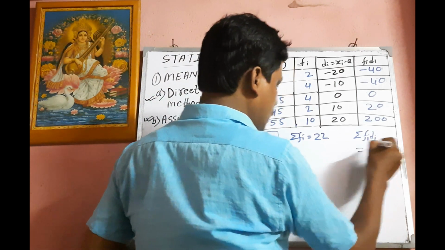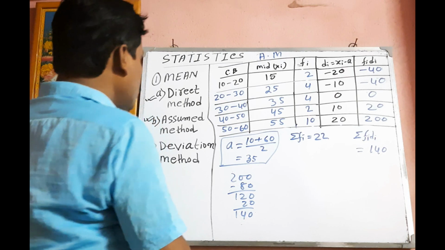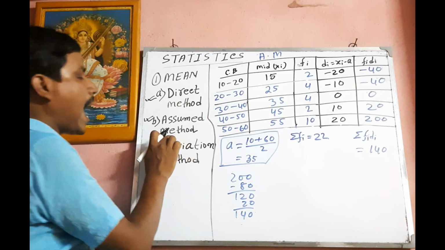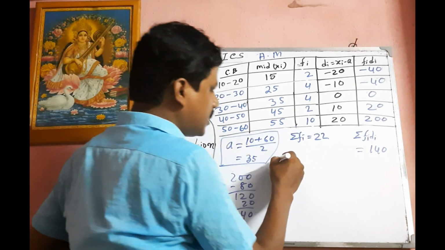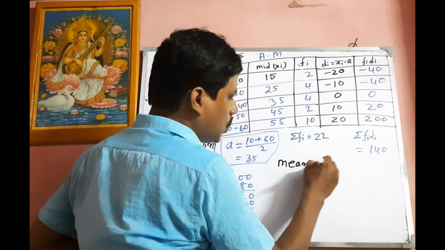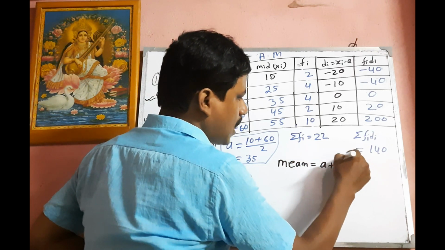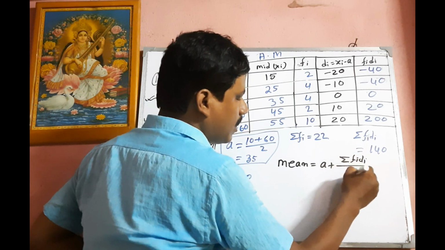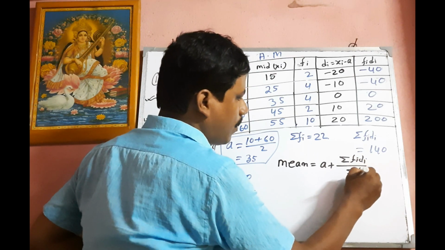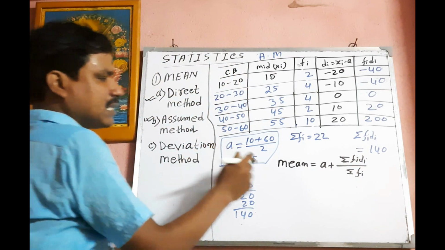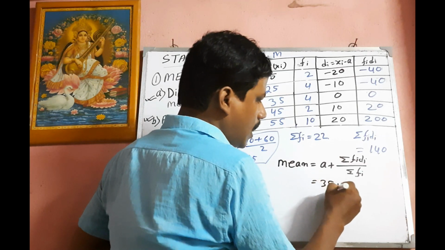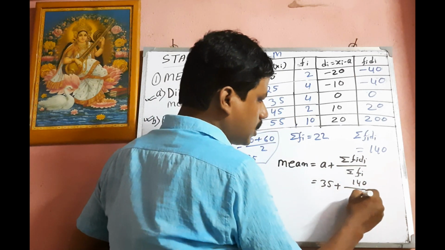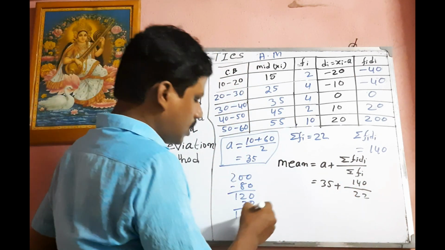This is 140. Now we are using the assumed mean method to find the mean. The formula according to the assumed mean method is mean equals a plus summation of fi di divided by summation of fi. Now we put the values: a is 35, and the sum of fi di is 140, divided by 22.